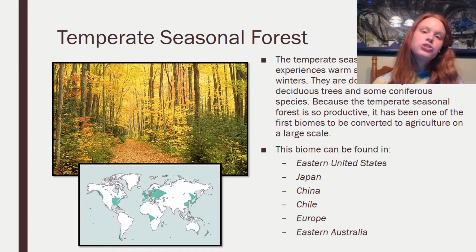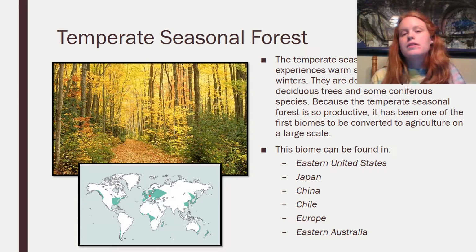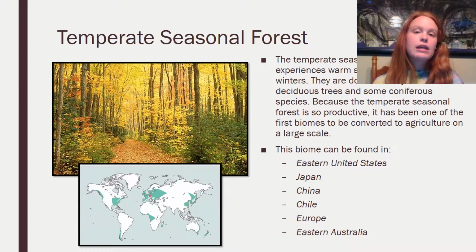One very special characteristic of a temperate seasonal forest is that the trees are deciduous, which means they lose their leaves. And we have a lot of broadleaf trees like beech, oak, maple, a lot of those trees. We're currently in the season where we're going to get to experience watching our unique deciduous trees change colors.